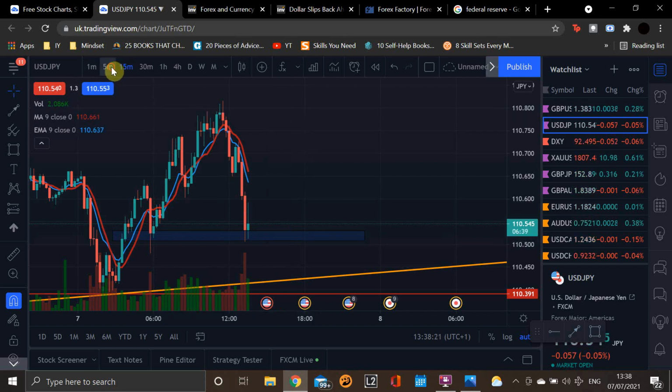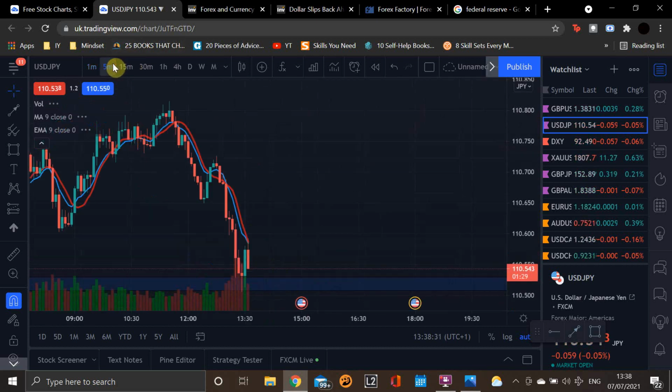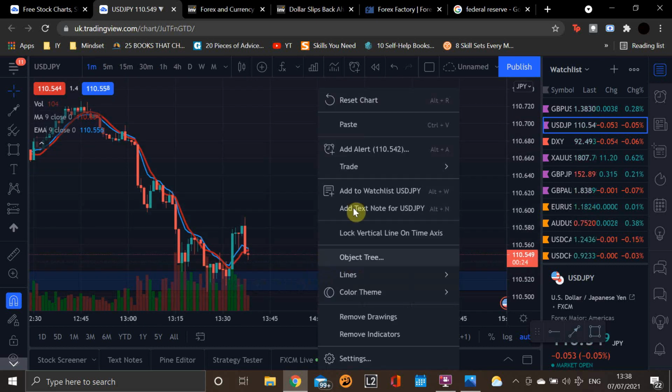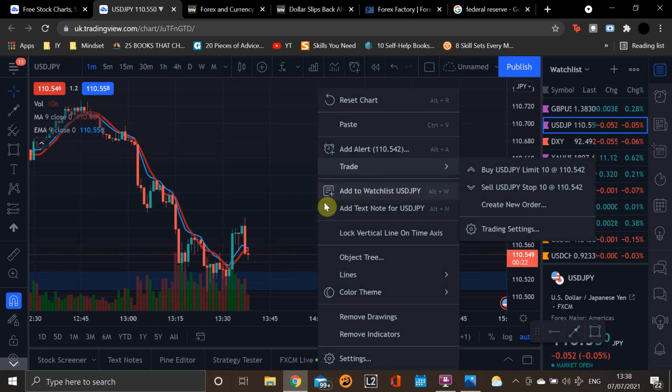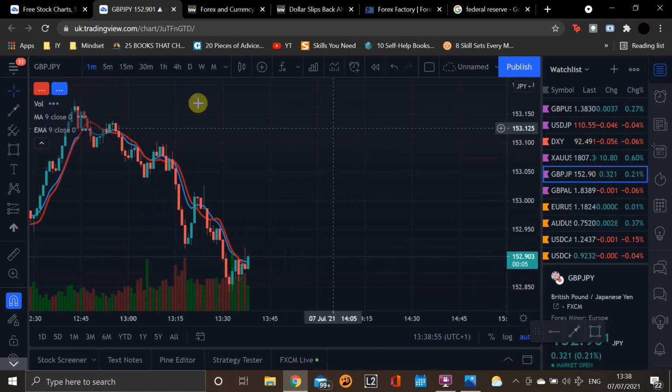I think what I may do, and then look, the lines are crossing one more time. So what I may do, I may get in here, but then again, let's look at GBP JPY real quick.